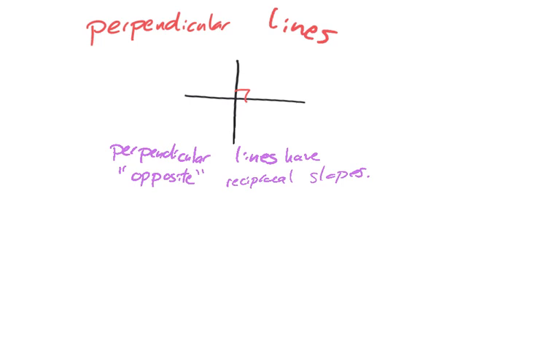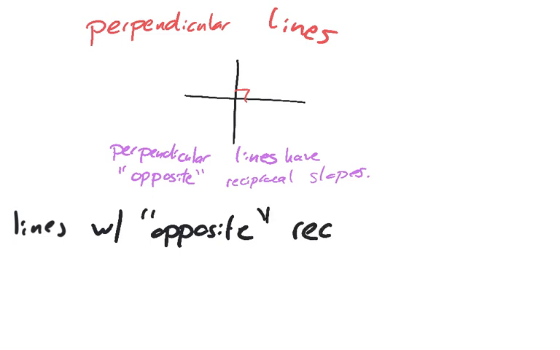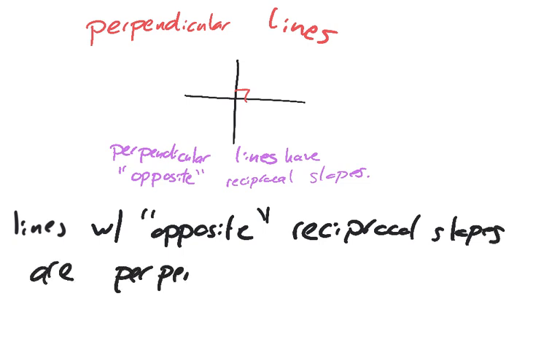Perpendicular lines have opposite reciprocal slopes, and lines with opposite reciprocal slopes are perpendicular, which is just the converse of the original statement. I'm fixing to talk about both parts of it. Opposite and reciprocal.